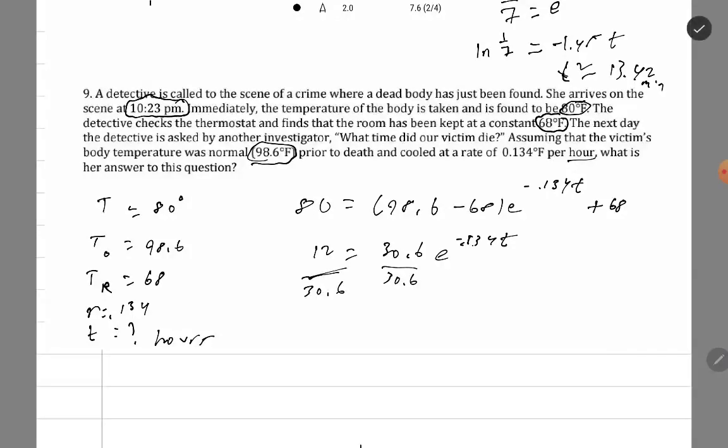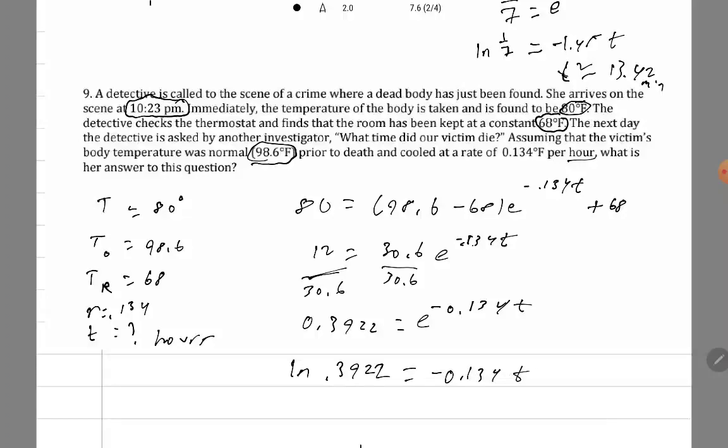Okay, and then we're going to get some crazy decimals. Natural log of both sides. Natural log of 0.3922 equals negative 0.134 t.